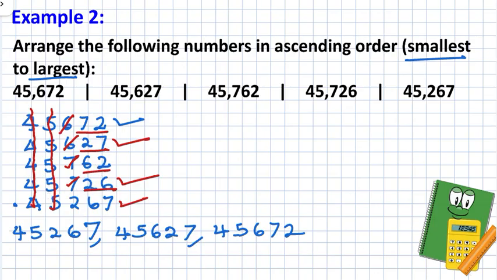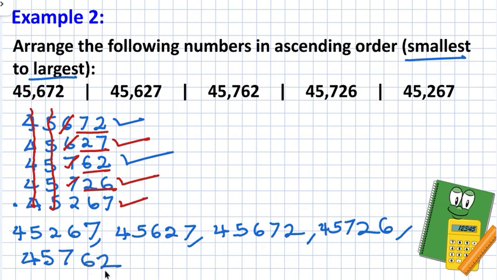So we have 4, 5, 7, 2, 6, and the biggest number is this, which is 4, 5, 7, 6, 2. So, alright, these are the numbers arranged in ascending order, that is from the smallest to the largest.